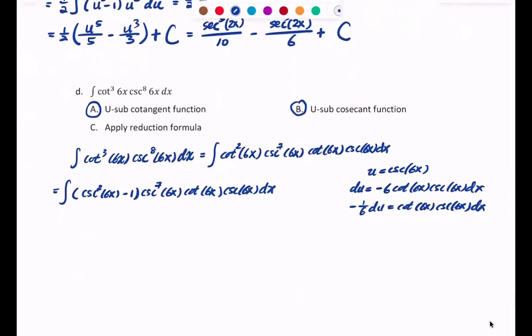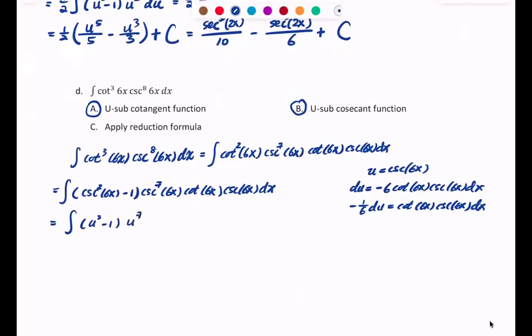Right, so it's really similar to just that one that we just did. It's just different powers, so the algebra afterwards will be a little bit different, but the strategy will be exactly the same.